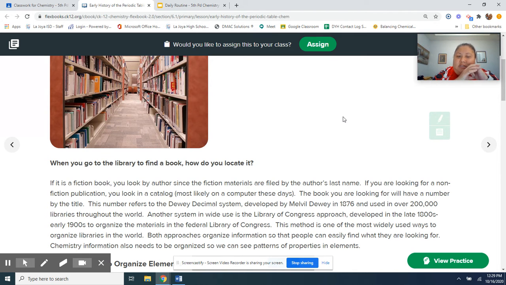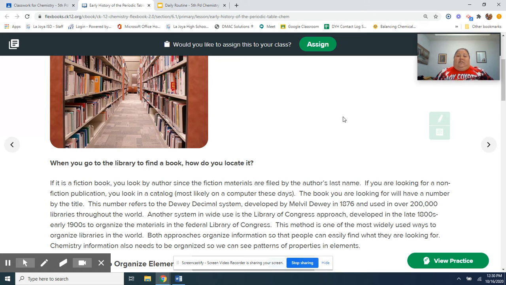There are now a lot of technological advances, so you have the whole catalog on computer, and all you have to do is write in a subject, like the history of World War I, and all the books based on World War I can come up. So you have a lot of advantages that we didn't have when we were in school.